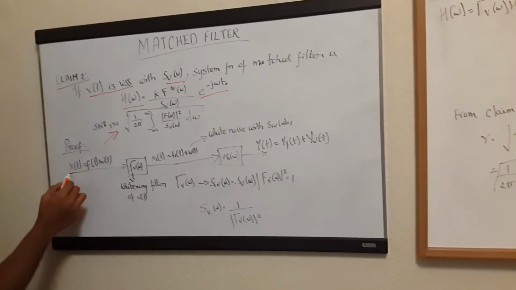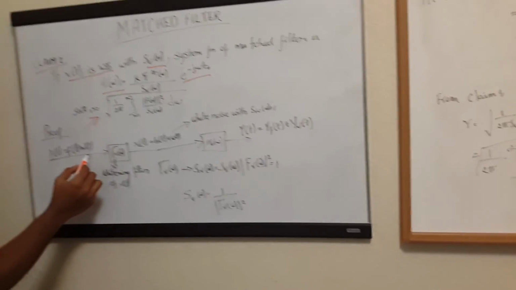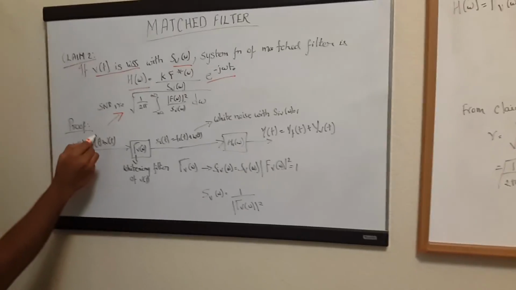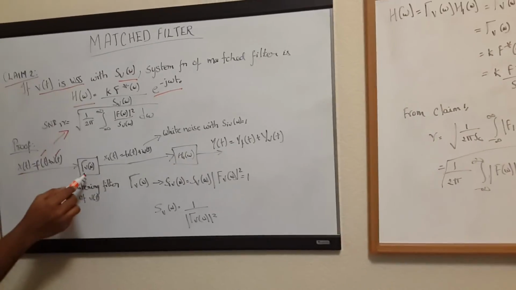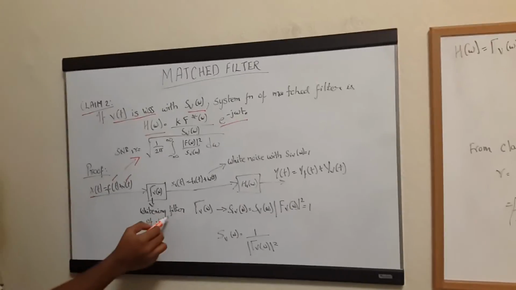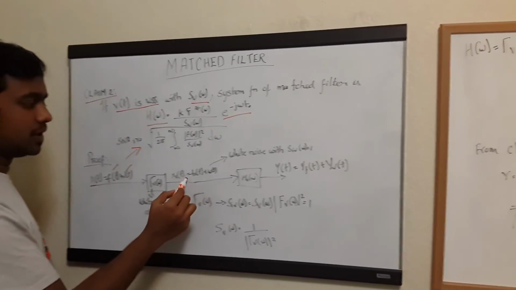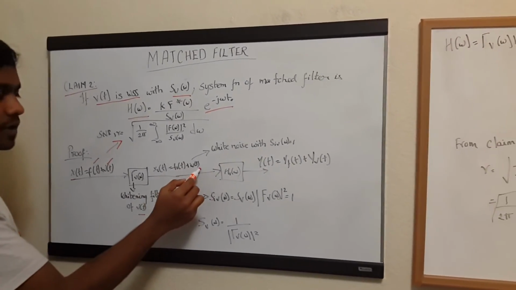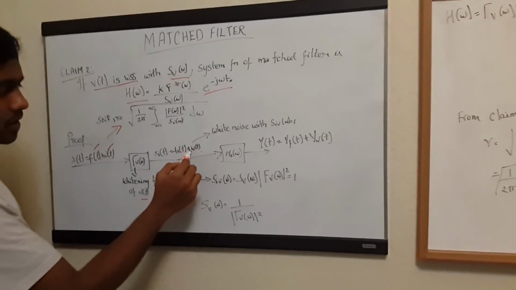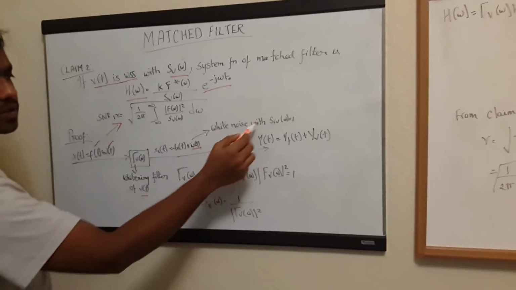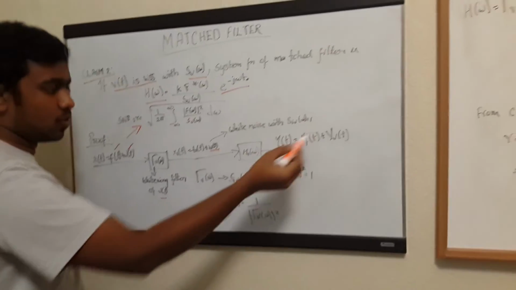We know the signal x(t) equals f(t) plus v(t). So this is the combination of the input signal and the noise signal. Now it is passed through a whitening filter of v(t), and the output is given by x1(t) equal to f1(t) plus iv(t). Now iv(t) is white noise with Siv(omega) equal to 1.